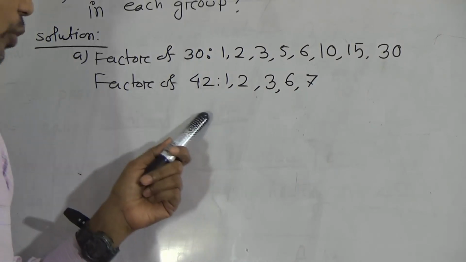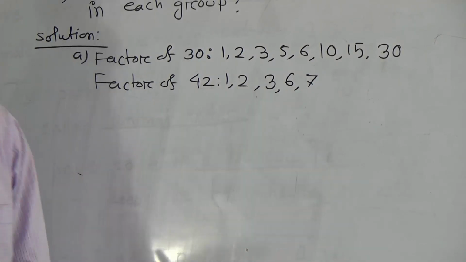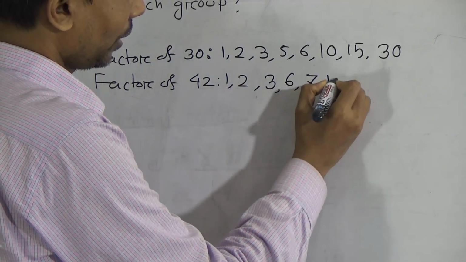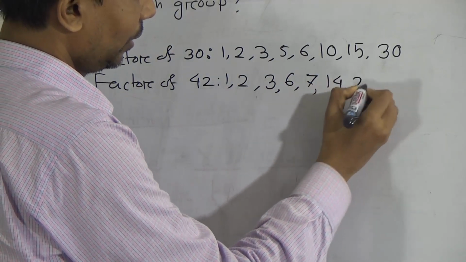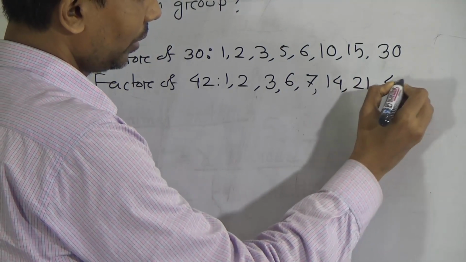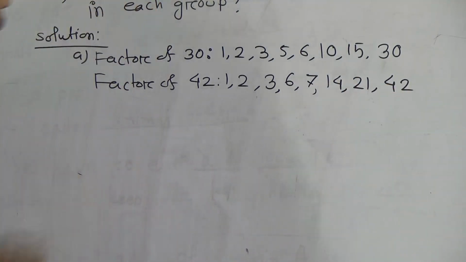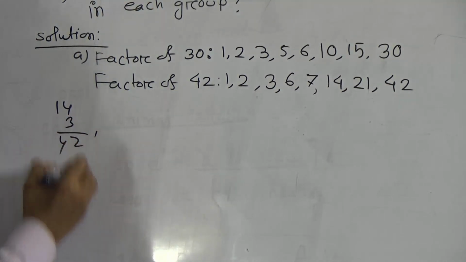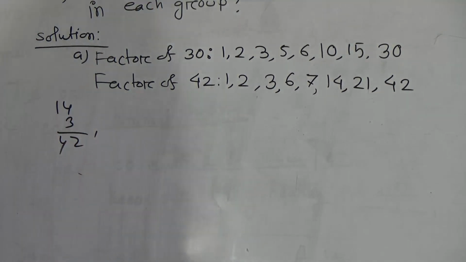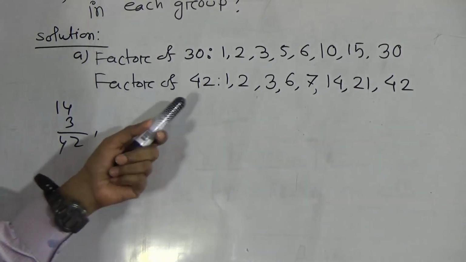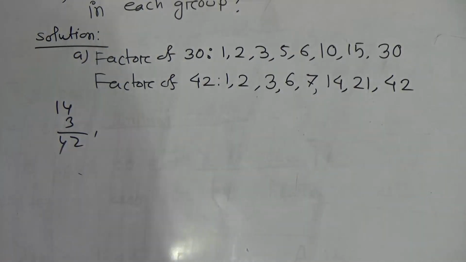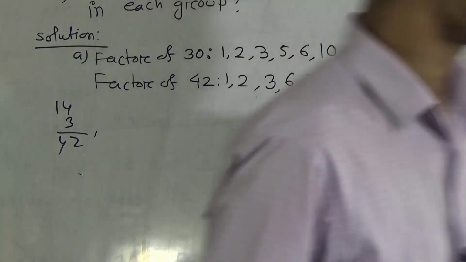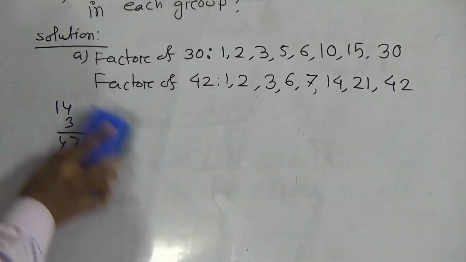So 42 is also divisible by 7. Now 14, then 21, then 42. You know 14 threes are 42. So we can say 42 is also divisible by 14. Therefore, 14 is also a factor of 42.